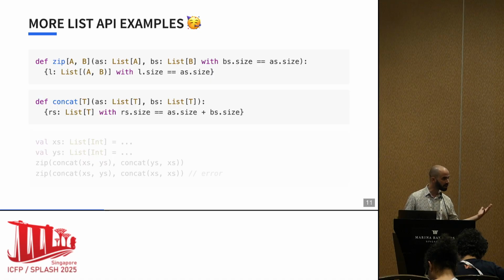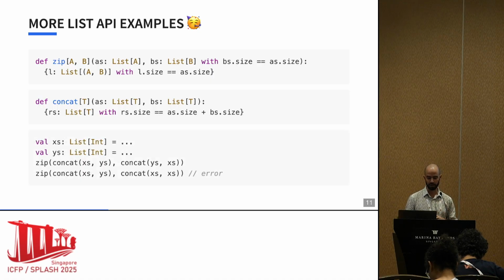And what you can check today with my prototype is that if you concatenate 2 lists, xs and ys, and you also concatenate 2 lists, ys and xs, and you zip them, then that type checks because the system can derive that they have the same length, because the length of xs plus the length of ys is the same as the length of ys plus the size of xs. If instead you try to concatenate 2 xs here, you will have a list of a different size than the first argument, and then you will get a compile time error.